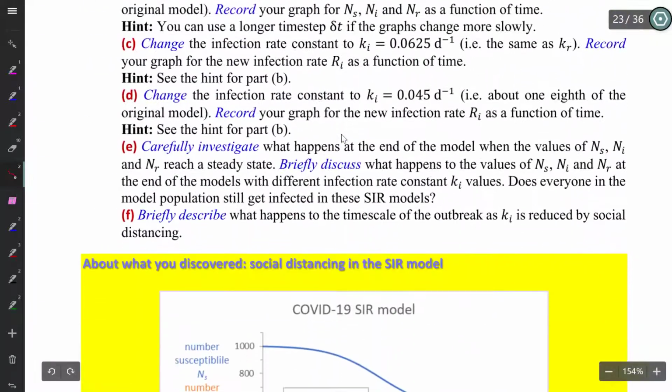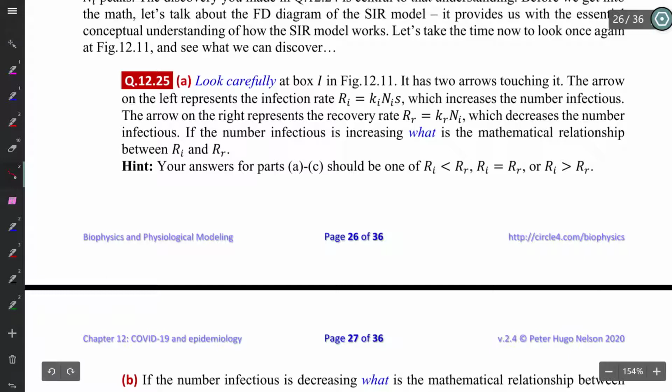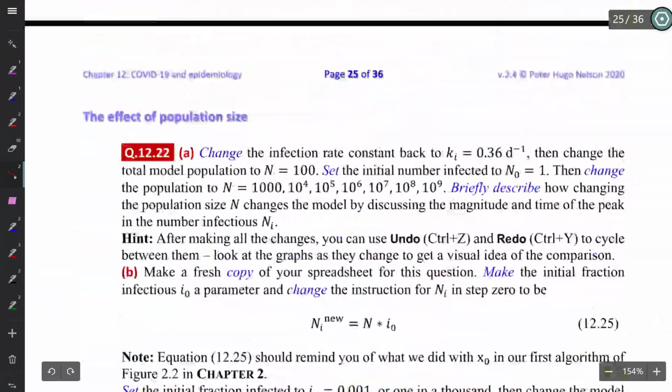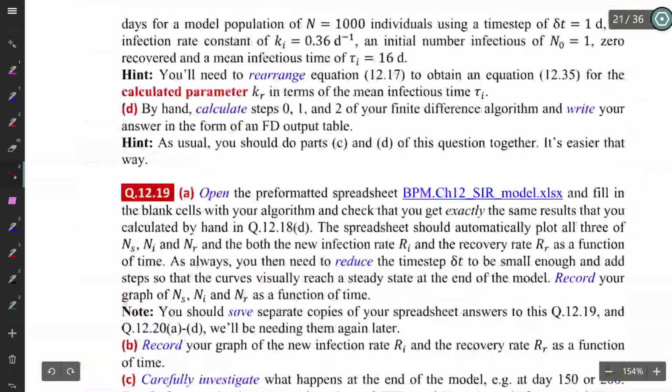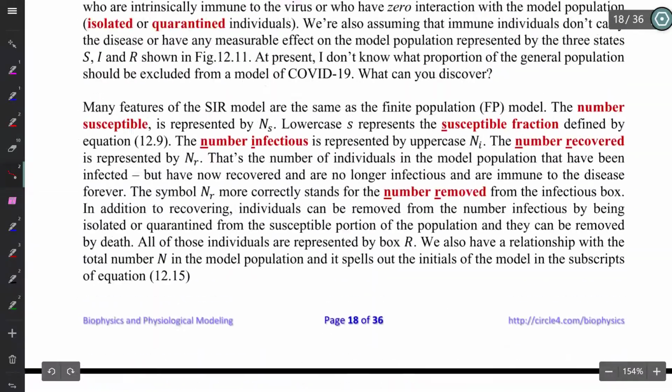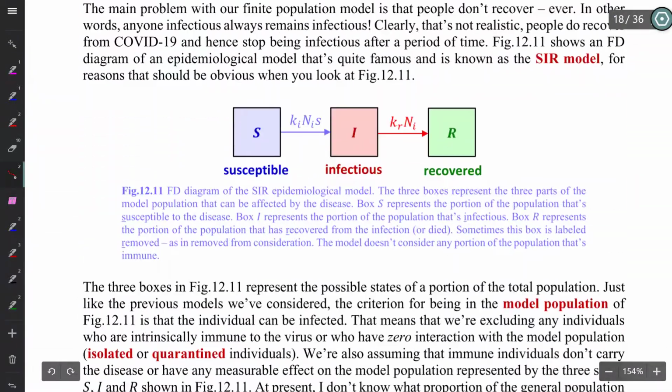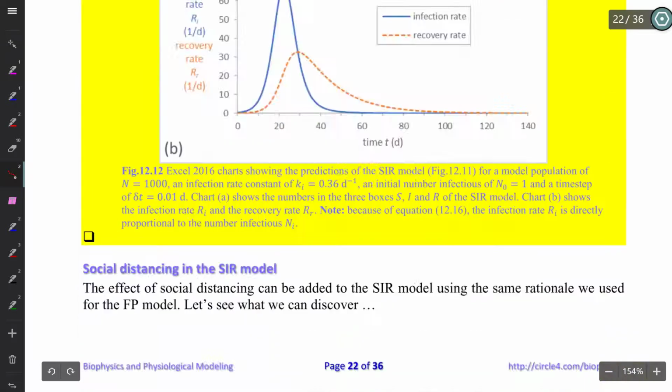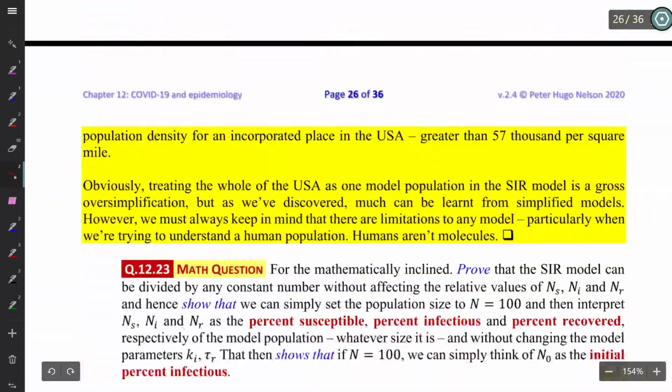Alright, so question 25. It says, look carefully at box I in figure 12.11. Well, 12.11 is way back at the beginning of the section, so here we go. It's up here. And so it says that there are two arrows, one going into box I, this one, and one going out. So to answer the question, let's go back to question 25, where is it?